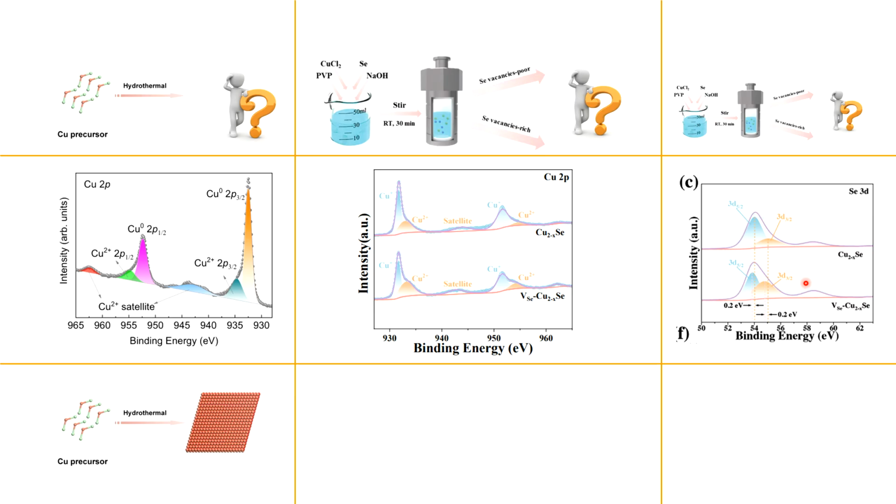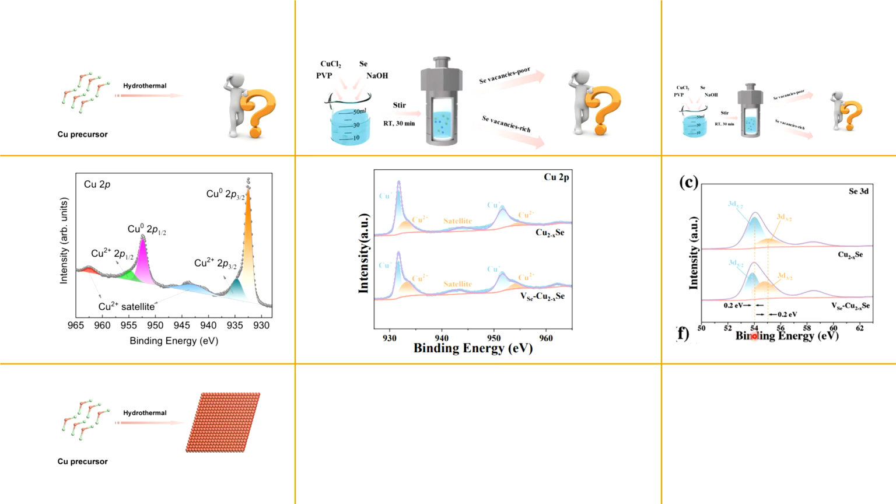So in the selenium XPS spectra, in the vacancy case, a binding energy shift has been seen. And the shift is also a very important interpretation. I would like to mention here that if this shift of the binding energy is towards the lower side, then we can say that the oxidation state of that specific metal gets decreased.